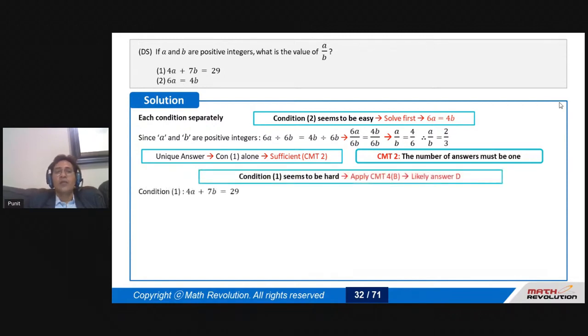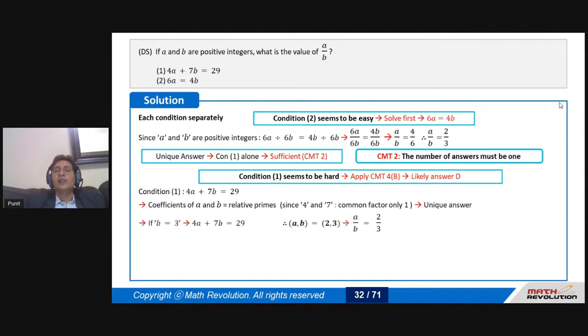Now let's solve condition number 1. It says 4A plus 7B equals 29. Now bring in your concept of relative primes. 4 and 7 are relative primes. They have a common factor only as 1. So there would be only one ordered pair of A and B that would give us a value of 29 when we plug in. And that would be 7 times 3 is 21.